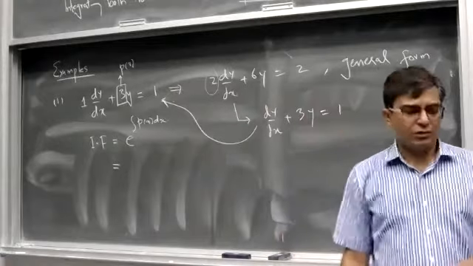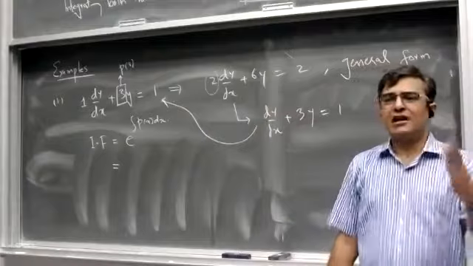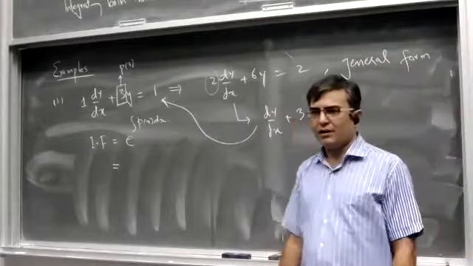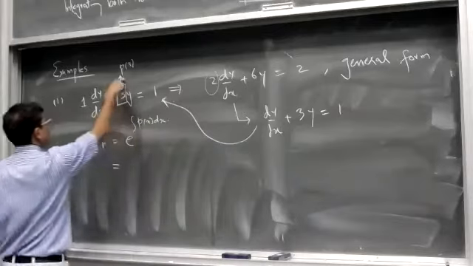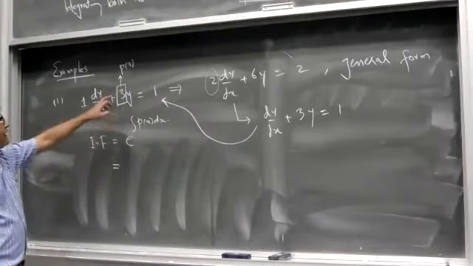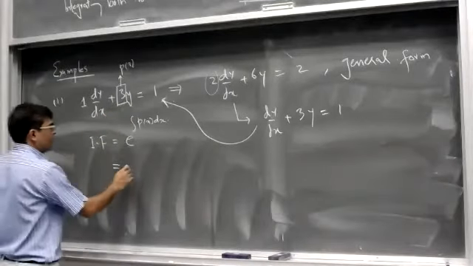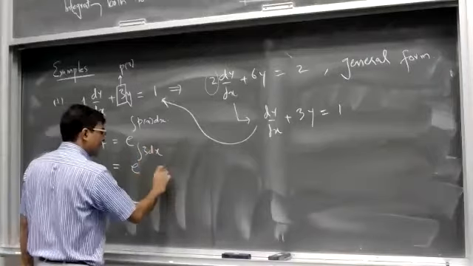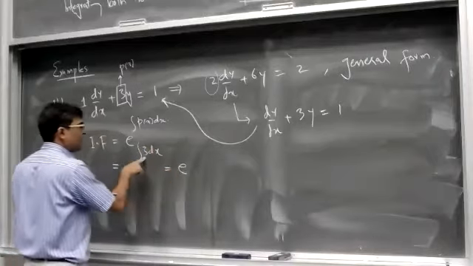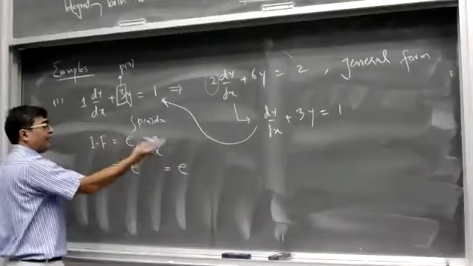If the linear first order ODE is not in the standard form, first you have to convert it into standard form. Then you see what your p of x is. P of x is the coefficient of y. Now here it is e raised power integral 3 dx, which is e raised power 3, where 3 comes outside and the integral of 1 is x.